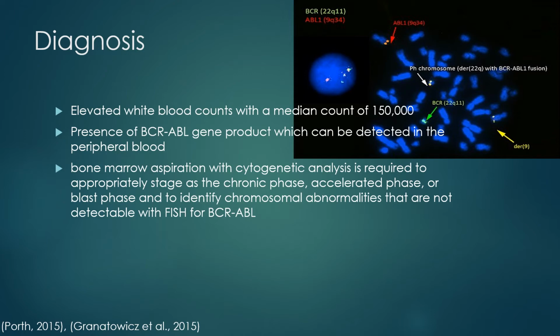And then a bone marrow aspiration with cytogenetic analysis is required to figure out which phase you're in, whether you're in the chronic, acceleration, or blast phase. And it's also used to identify chromosomal abnormalities that are not detectable by using this form that's up in the corner. It's called a FISH test, and it uses fluorescent lights to look at your chromosomes.